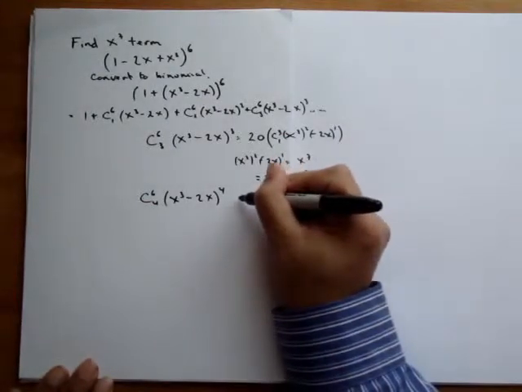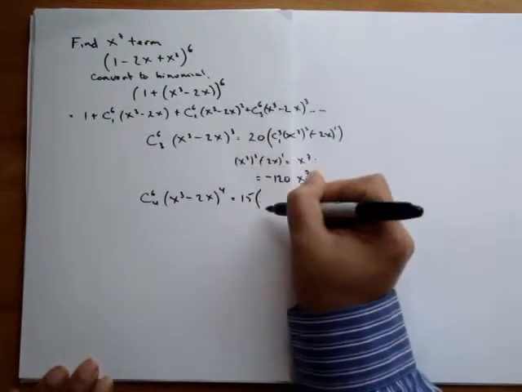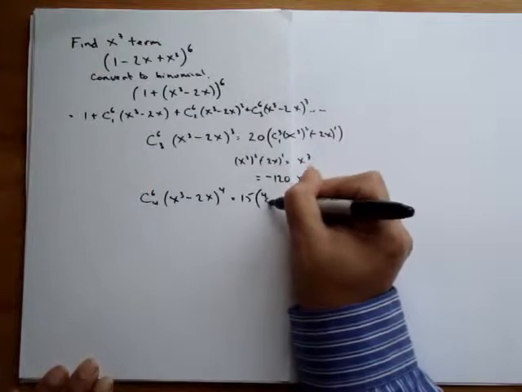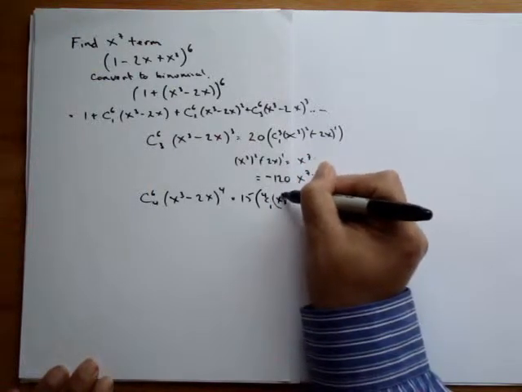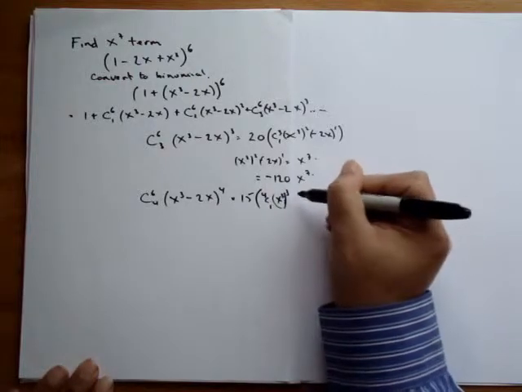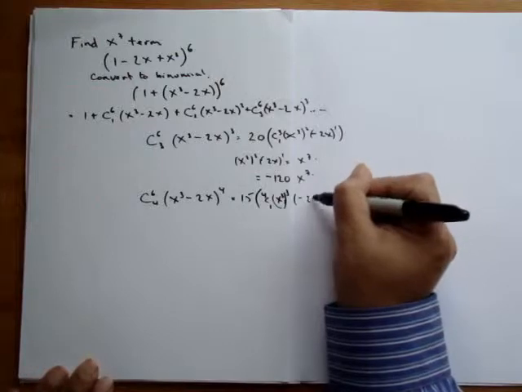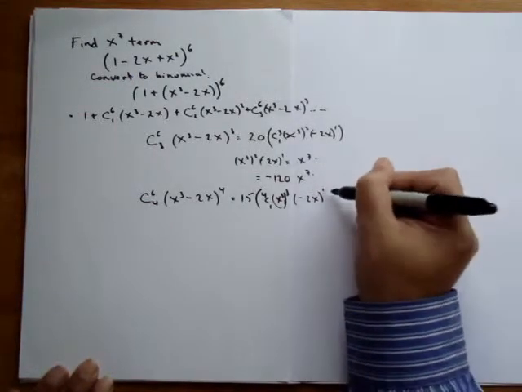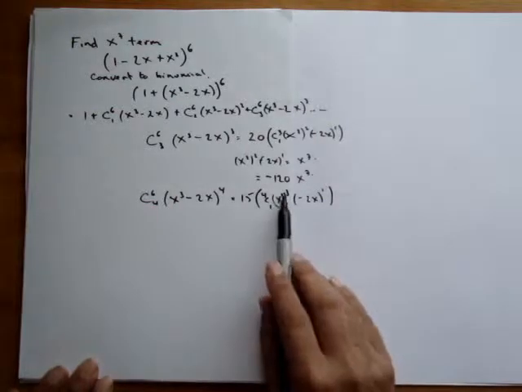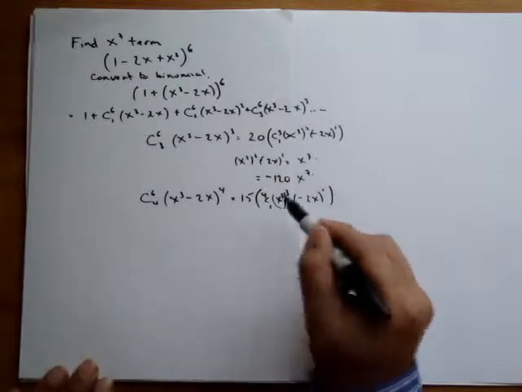Let's have a look. When we work out the nCr value, that's 15, and inside the brackets we get 4 C 1 x to the power 3 cubed, and then minus 2x to the 1. So we can see here straight away that this is going to give us an x to the power 9, so this isn't going to work.